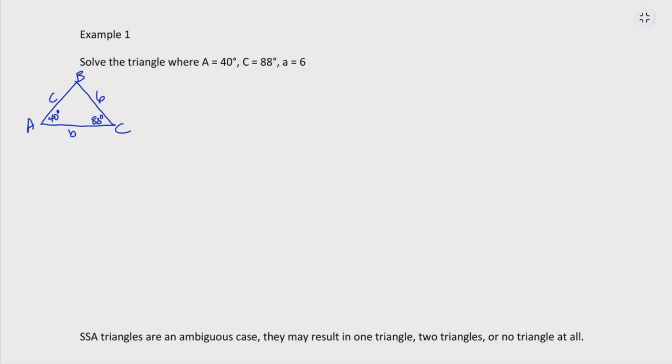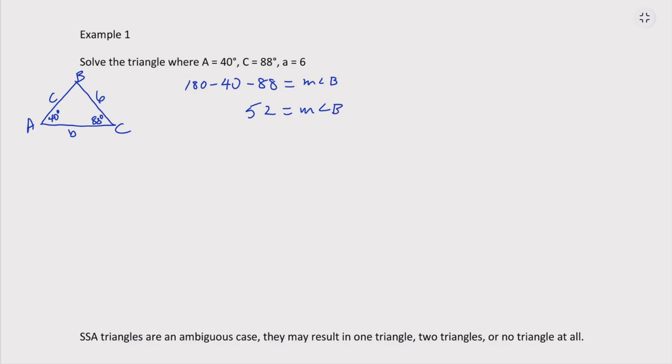Recall that the three angles of a triangle always add to 180. So we could say 180 minus 40 minus 88 gives us the measure of angle B. So 52 is equal to the measure of angle B. There's one of our parts.